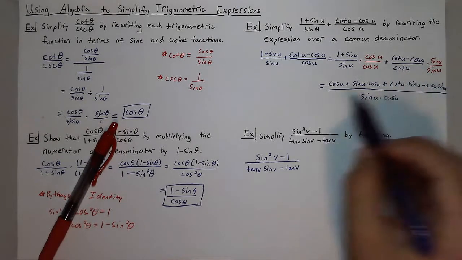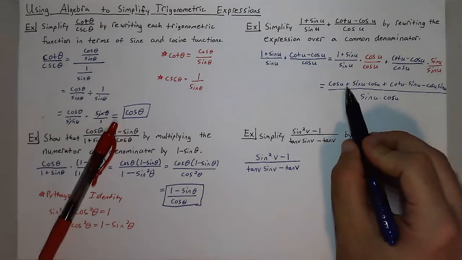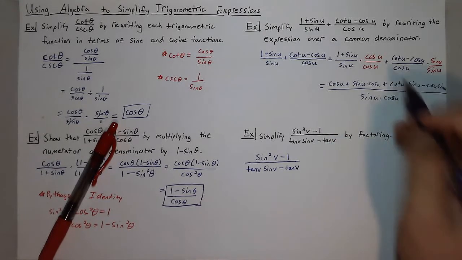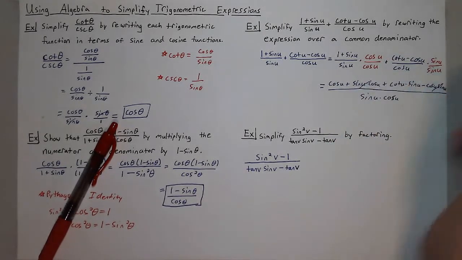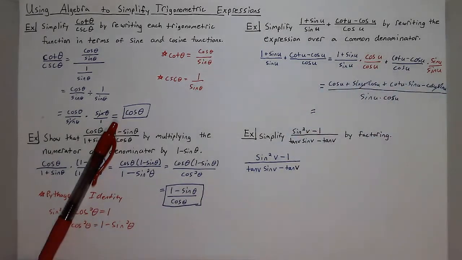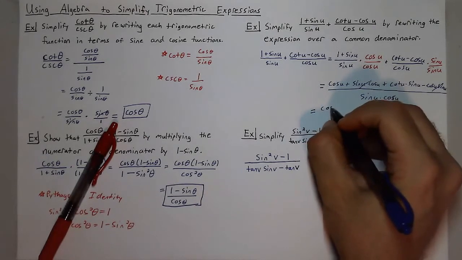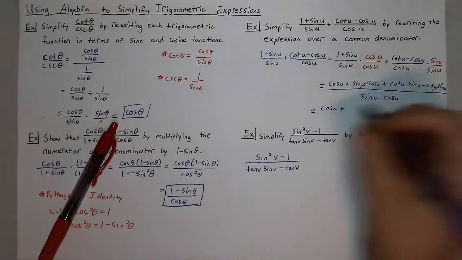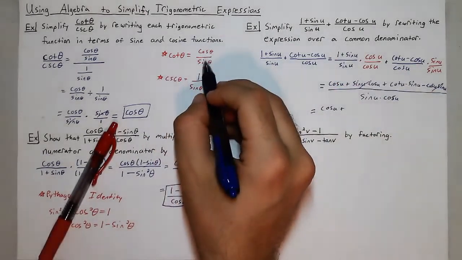You'll notice here that the sine of u, cosine of u is positive, and this sine of u, cosine of u is negative, so that will cancel, and we're left with just these terms in our numerator, which I can rewrite as cosine of u plus, and cotangent we just went over earlier is cosine over sine.